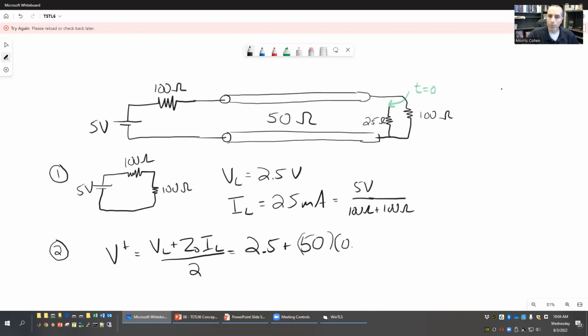IL is 0.025, and this works out to be 1.875 volts.